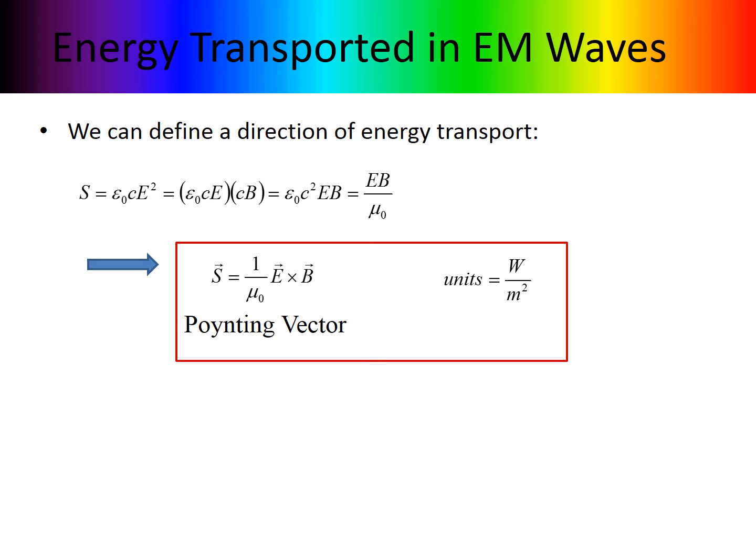And this is called the Poynting vector, and it's basically saying that E cross B gives us the magnitude and the direction for energy per unit time per unit area for this wave. So I know this was a lot of material. Hopefully most of it makes sense, and we'll get practice in class.